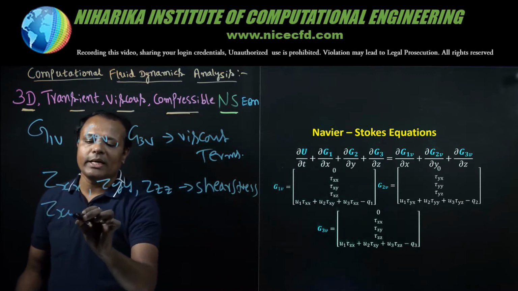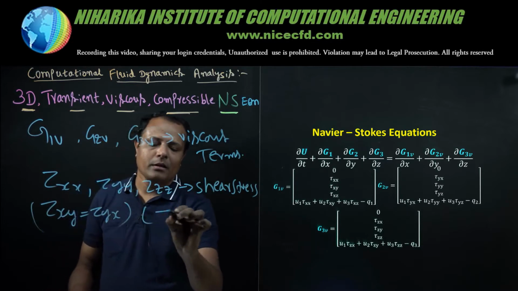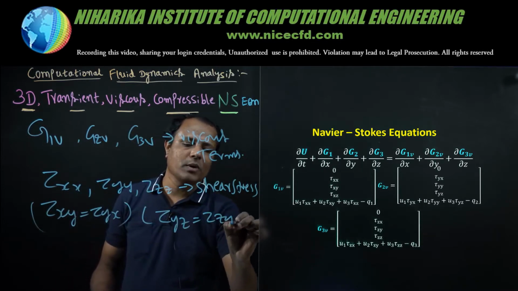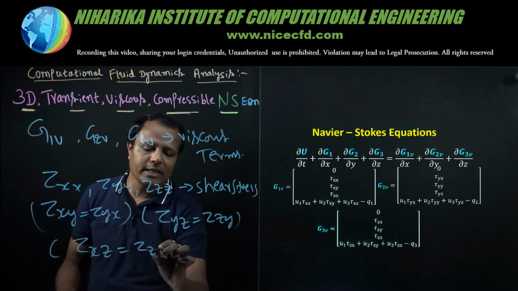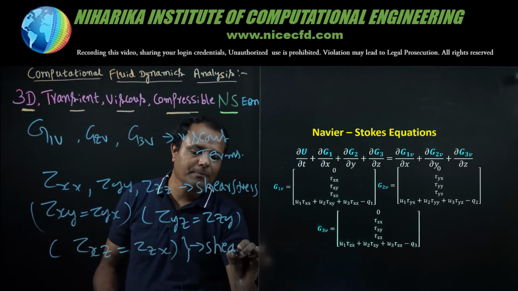Tau XY equals tau YX. Tau YZ equals tau ZY. Tau XZ equals tau ZX. So this combination is shear stress.